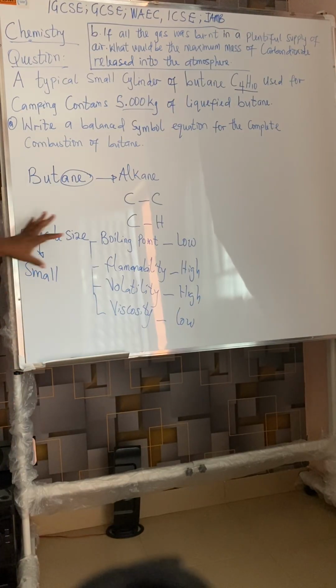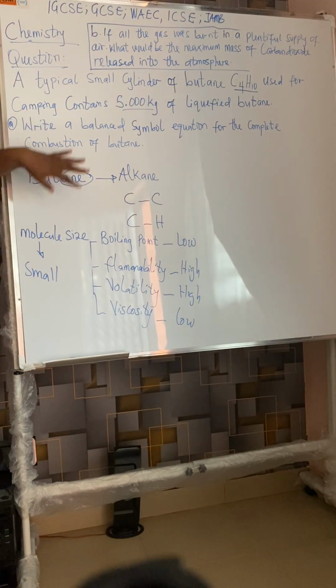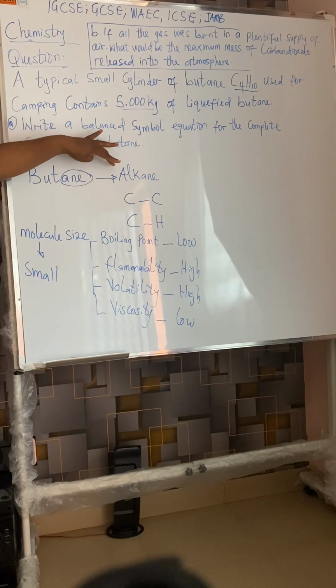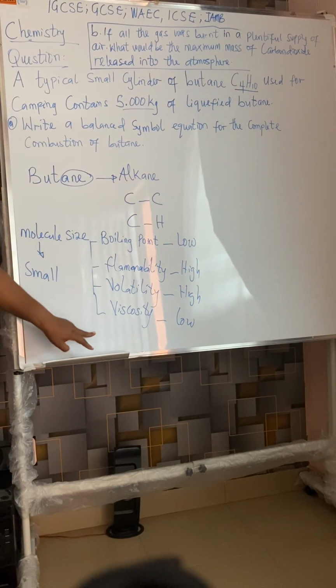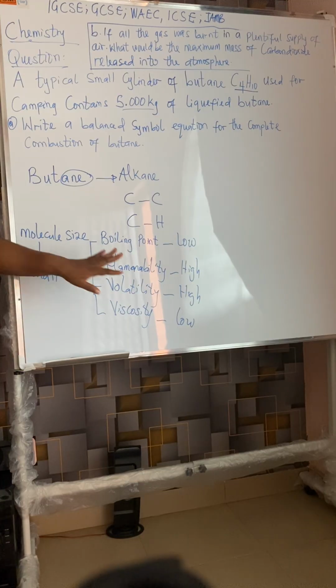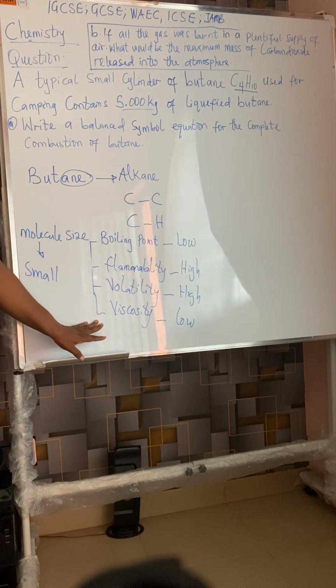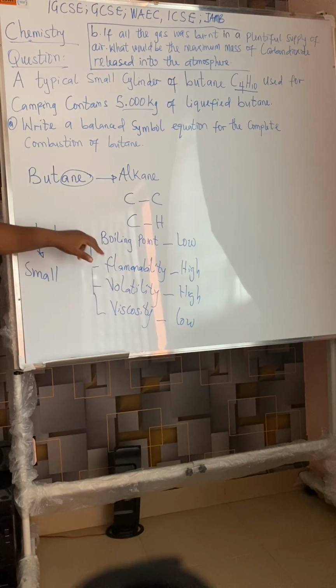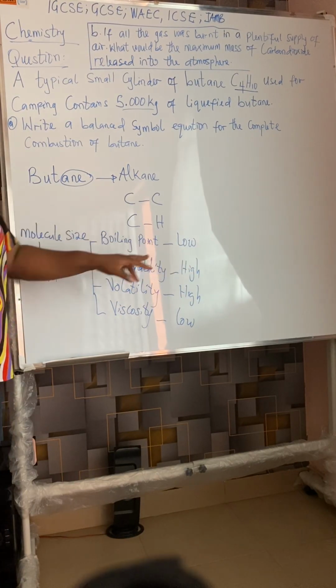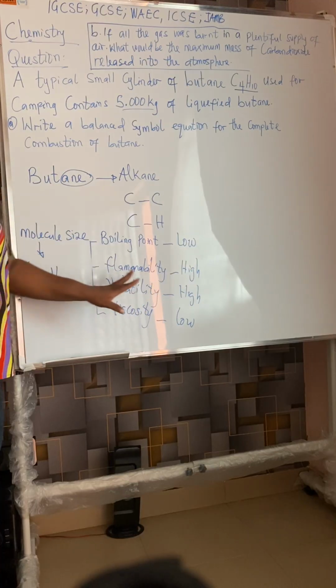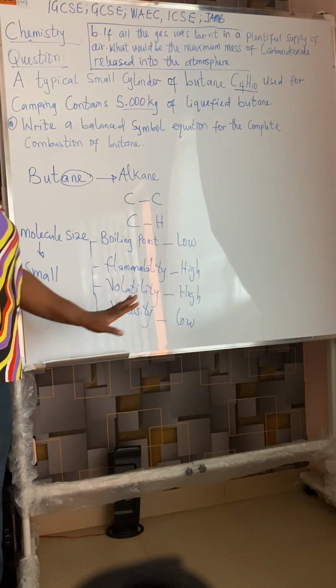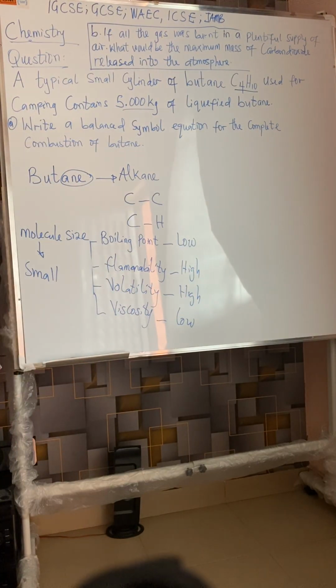Now, for molecule size, I said that the molecule size of these hydrocarbons determines these properties: boiling point, flammability, volatility, and viscosity. And that for the alkanes, boiling point is low, flammability high, volatility high, viscosity low.